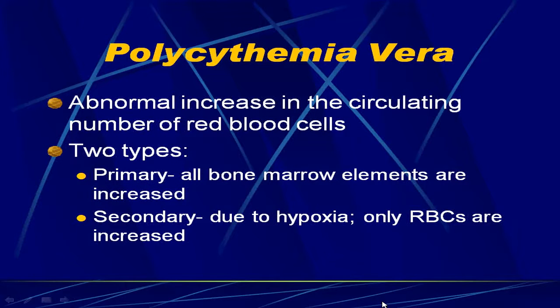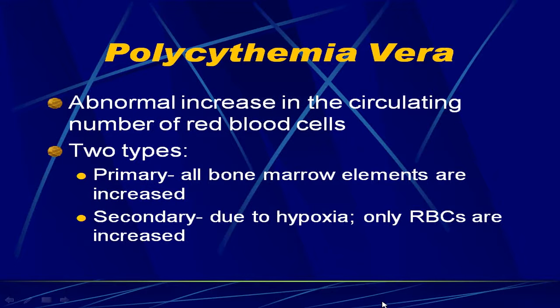A reason that we could see a person develop the secondary cause, again going back to altitudes. If a person were to travel, maybe do some mountain climbing or travel up to another altitude, the person is going to breathe faster to take in oxygen.